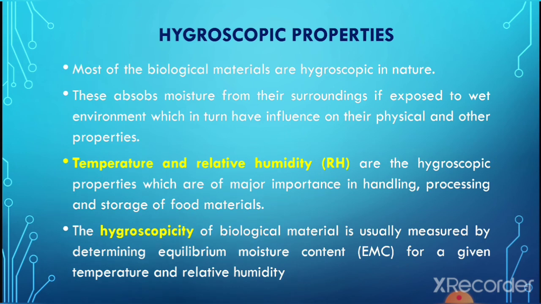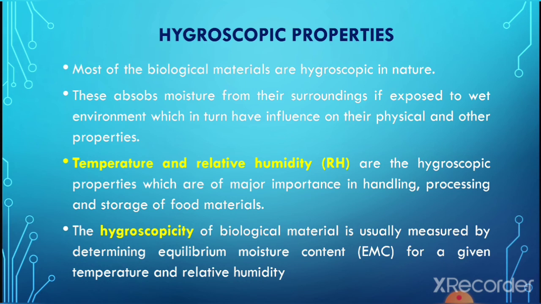Hygroscopic properties. Most of the biological materials are hygroscopic in nature. Hygroscopic nature means they absorb moisture from their surroundings if exposed to a wet environment, which in turn has influence on their physical and other properties.